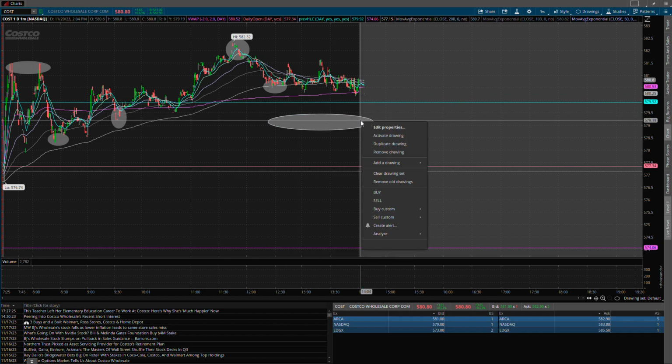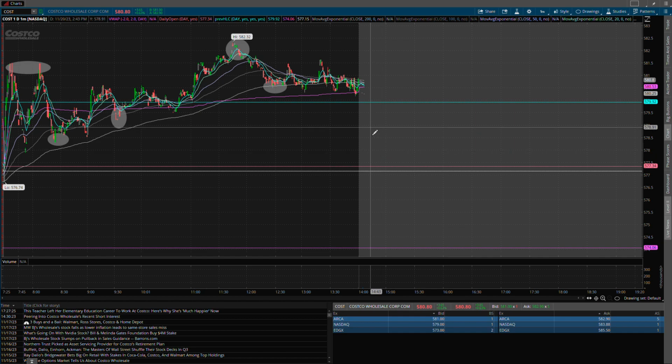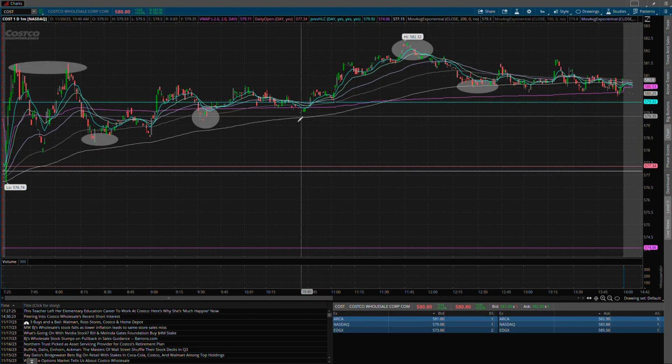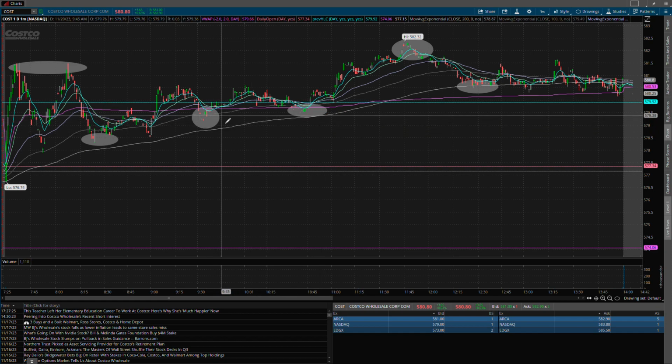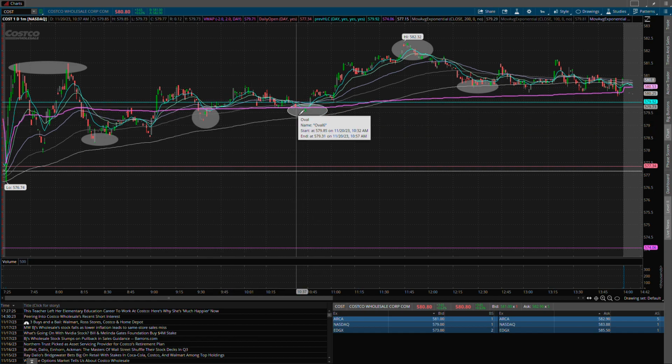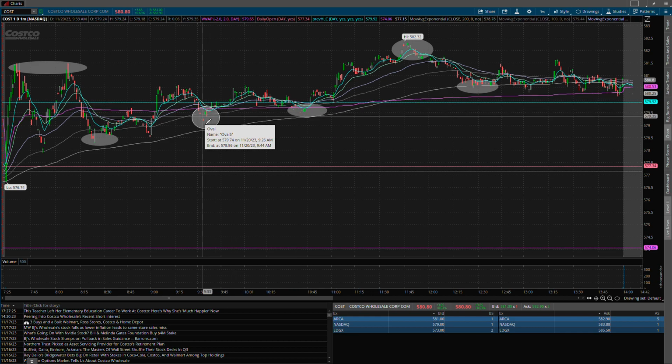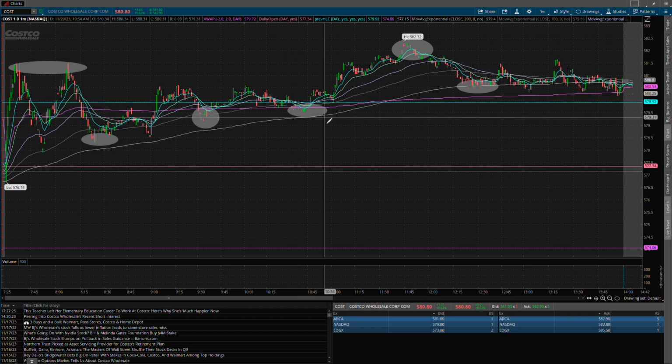So from here to here, if I were to have gotten in anywhere here, I would consider it a continuation based on here. Or I could say that it's from here too, but that would be considered a pullback.